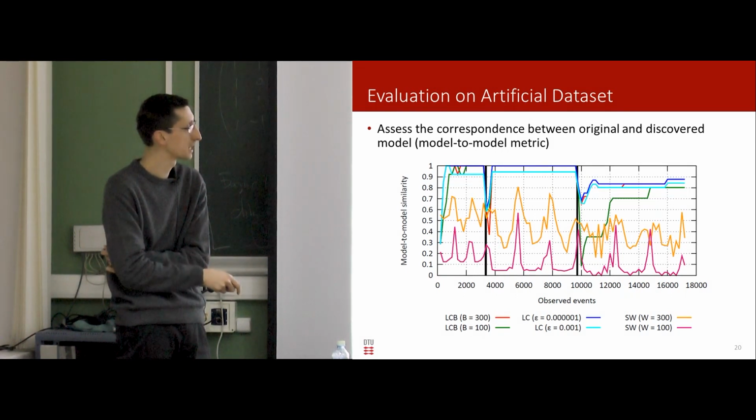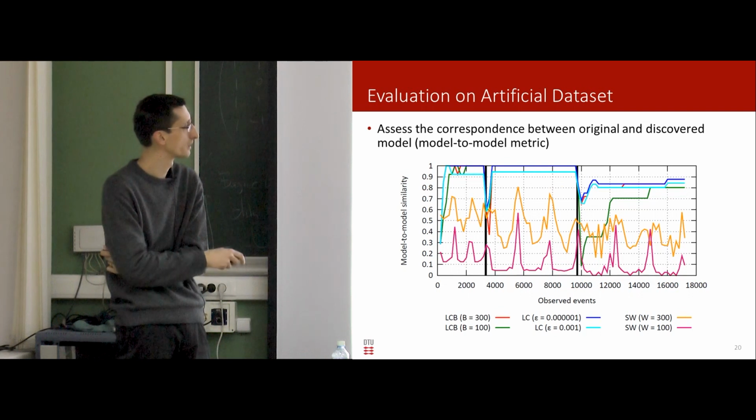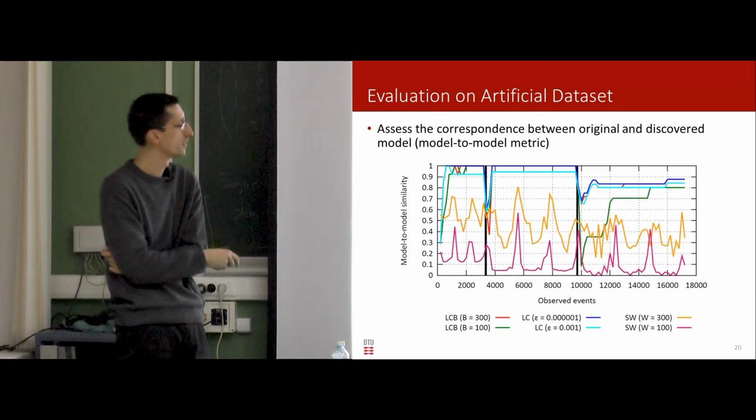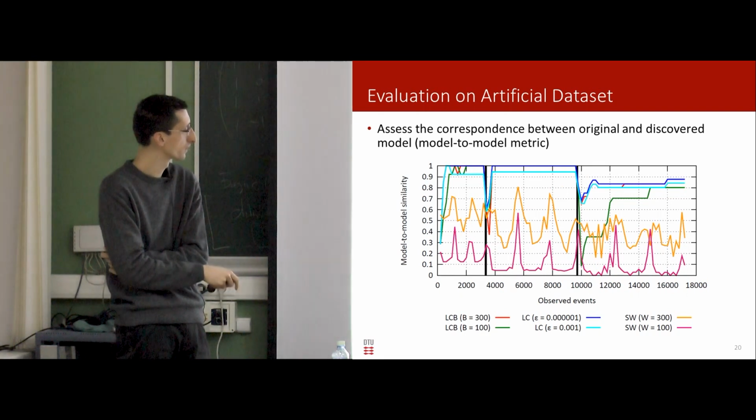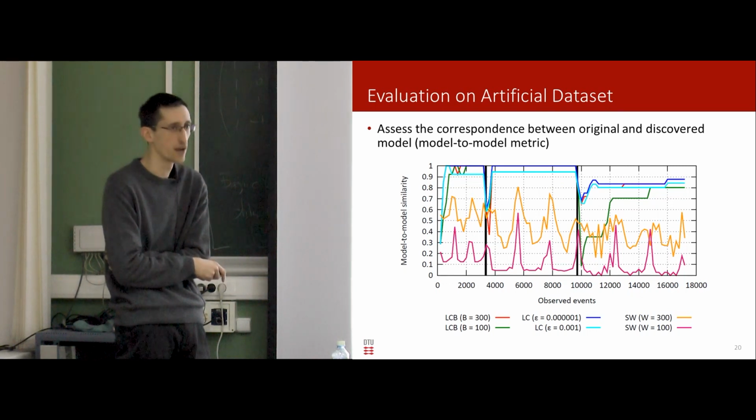As you see here, the yellow and the pink lines refer to the sliding window with two memory sizes, 300 events and 100 events. So you see that they're behaving quite badly. All the others refer to lossy counting with budget, with two memory configurations that are the same memory used by the sliding window, and lossy counting with two different setups for the approximation error.